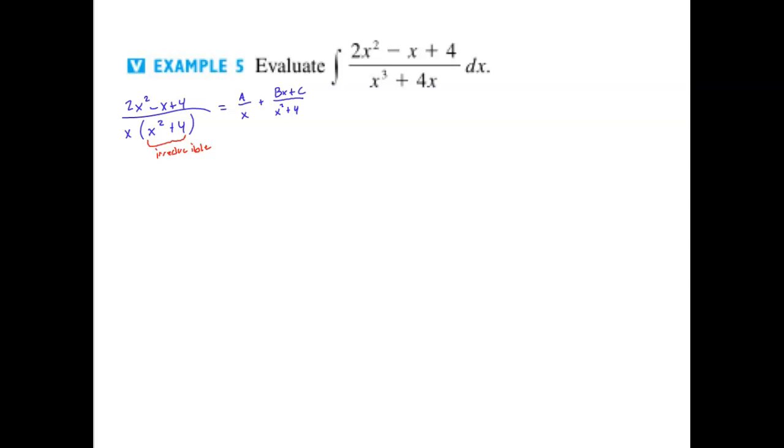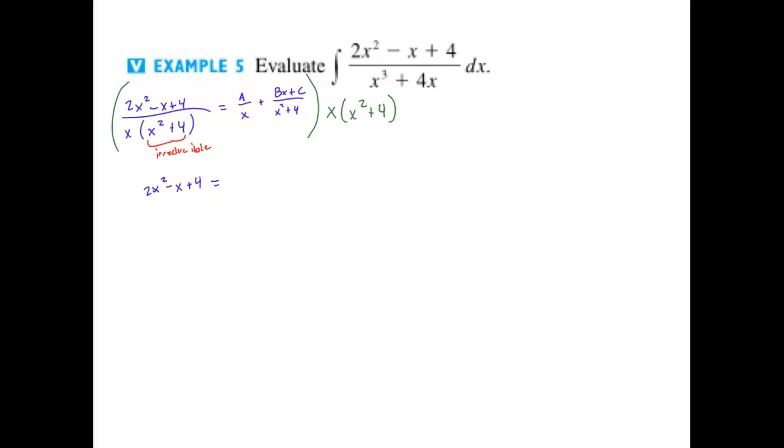All right, what's next? You multiply by the common denominator. Good, both sides get multiplied by that x times x squared plus 4. On the left-hand side, that's just going to leave me with the numerator, 2x squared minus x plus 4.